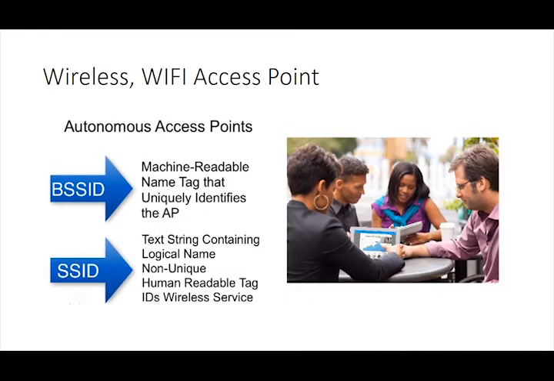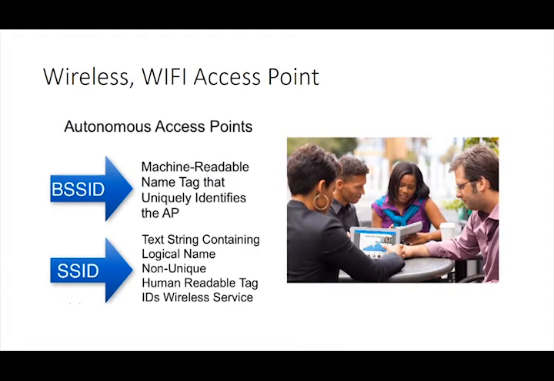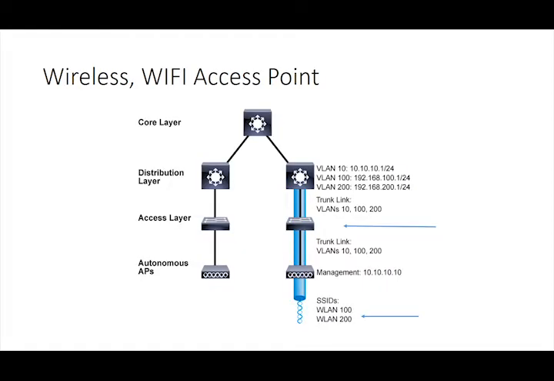Autonomous APs are self-contained, each offering one or more fully functional standalone basic service sets, or BSS. A basic service set is a wireless service that is provided by an access point to its clients.